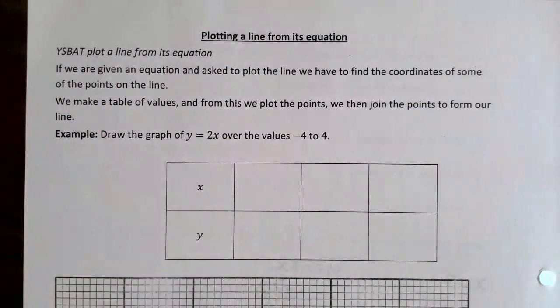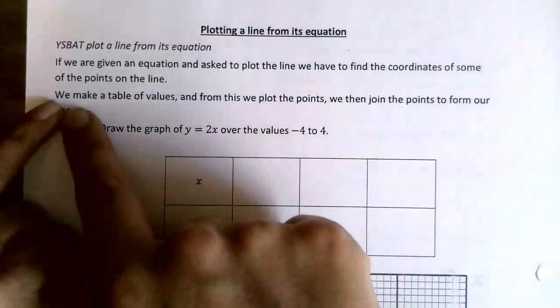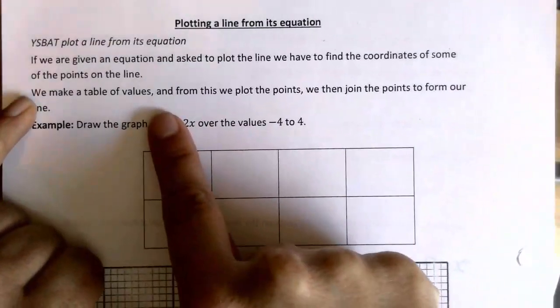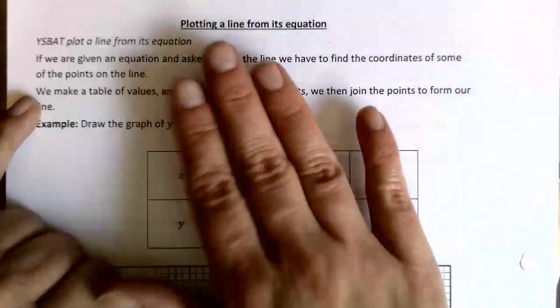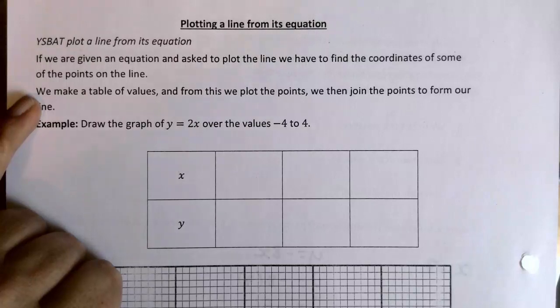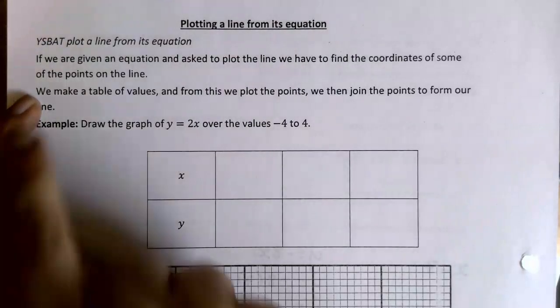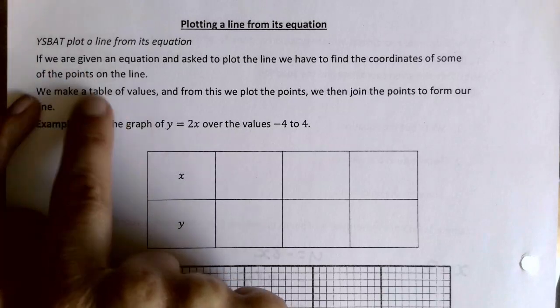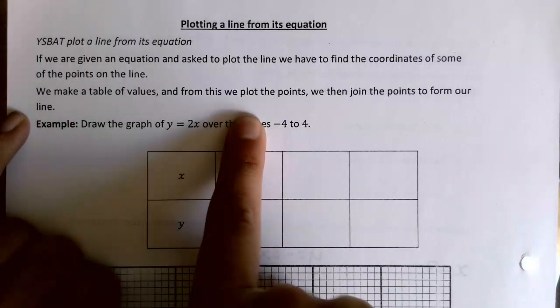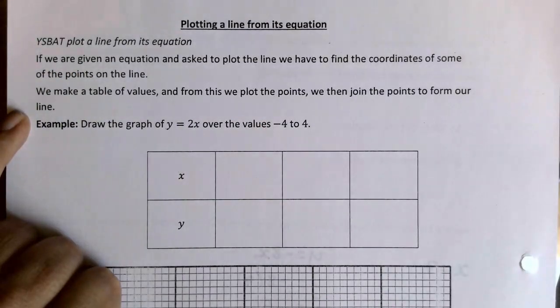Now it says here what we have to do, and a lot of the time people struggle with this idea because it's not a hard and fast rule what points you use. So we always make a table of values, and then from that table of values we plot the points, and then we join up the points to form our straight line.